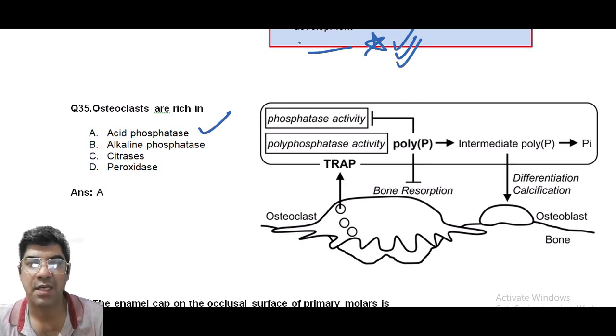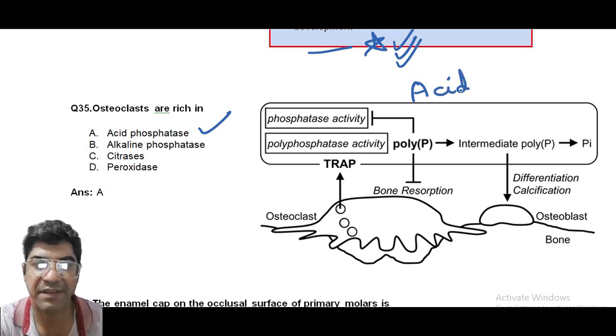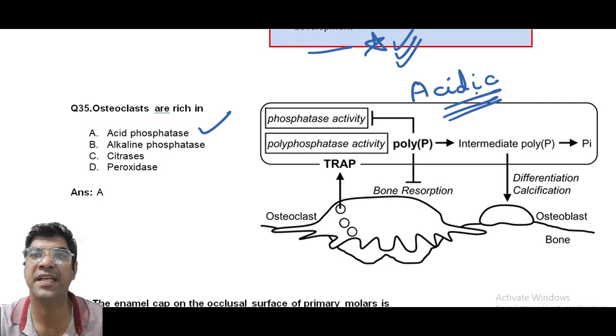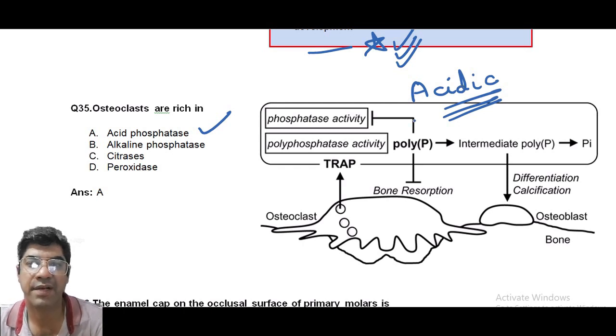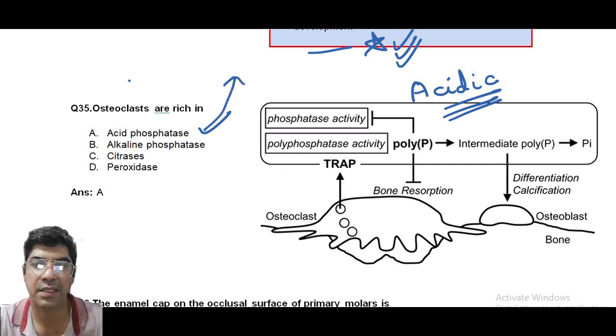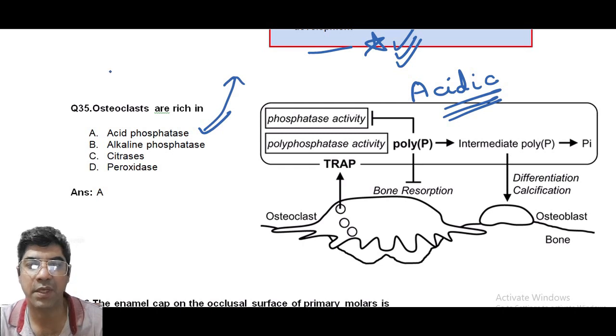They are rich in acid phosphatase, an enzyme that will create an acidic environment in the resorption lacunae. This acidic environment is essential for dissolution of the hydroxyapatite, that is the mineral content of the bone.